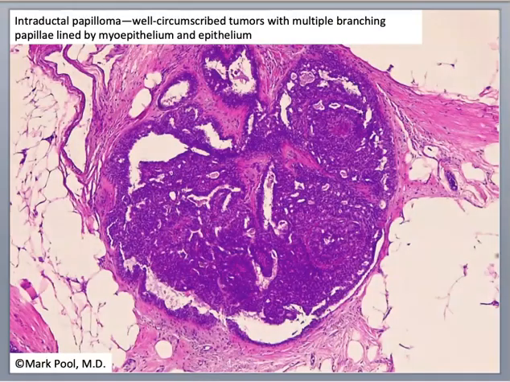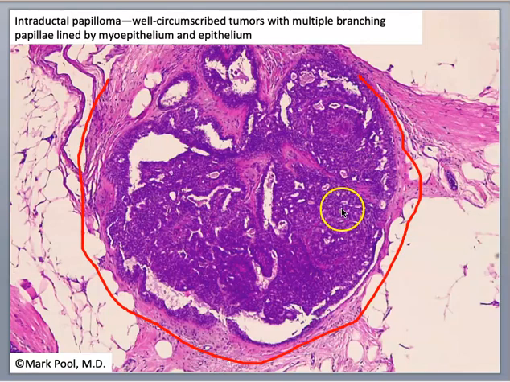So this is a fairly typical intraductal papilloma. Note that these are well circumscribed lesions, and you can see a portion of the duct that's involved here at the bottom. So this is a lesion that's projecting into and dilating the duct. You can see the central fibrovascular core, which radiates, forming these papillae, which can be quite complex in their architecture.